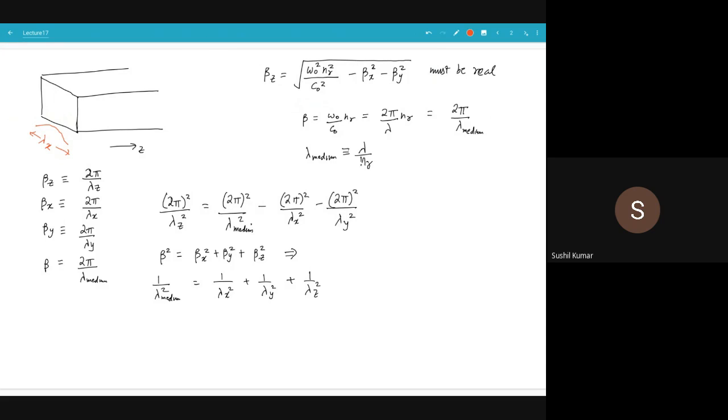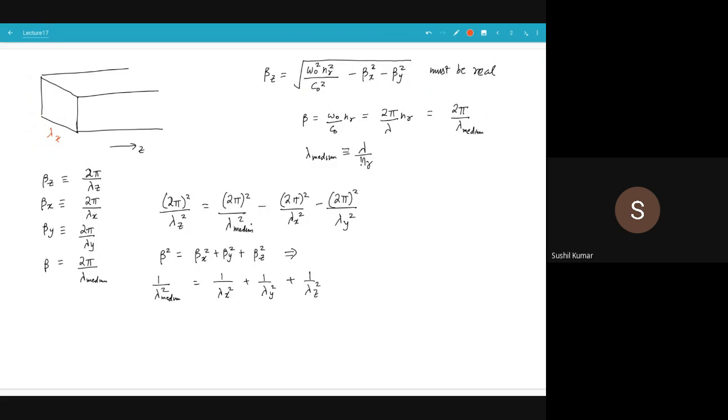So this dimension gives us lambda x, in proportion. It could be multiple times of half lambda x. So maybe I should not show the mode like this. I should just say that this dimension along x is lambda x.